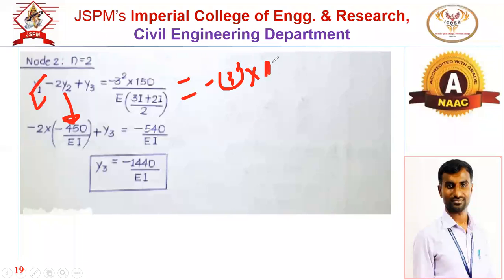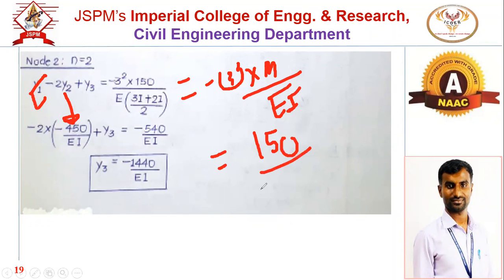What is the bending moment at the second node? It will be force into perpendicular distance. Force is 50 and the distance is 3. That is 150. 150 is the bending moment divided by EI.